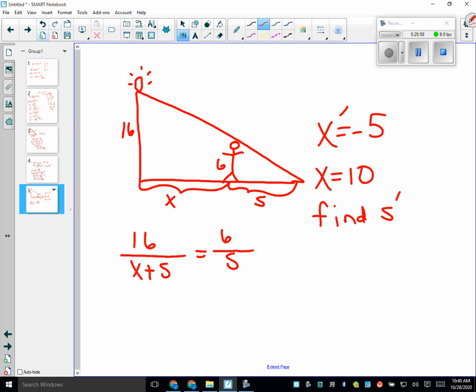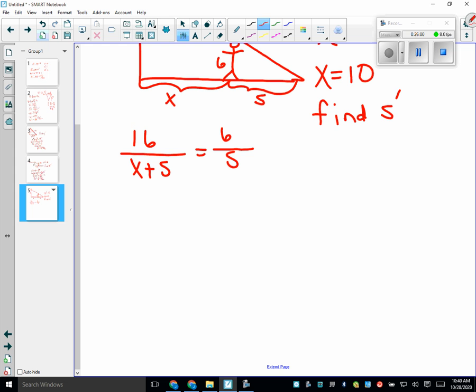That's right, because I do not want to take the derivative of that. So 16s equals 6x plus 6s, right? So is 10s equal to 6x? Yes.